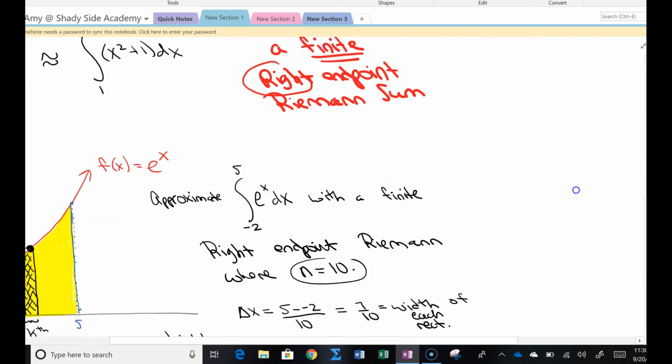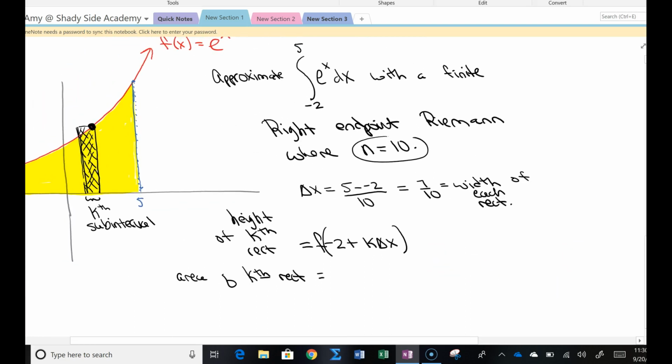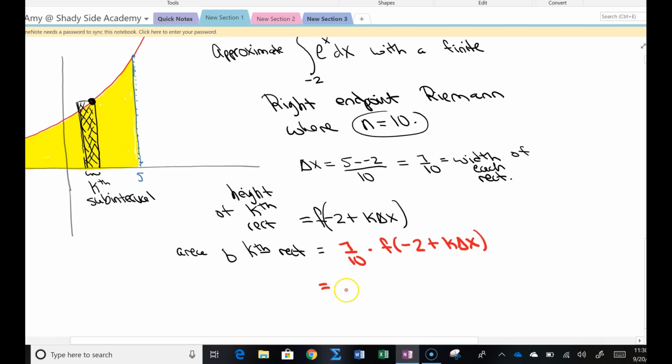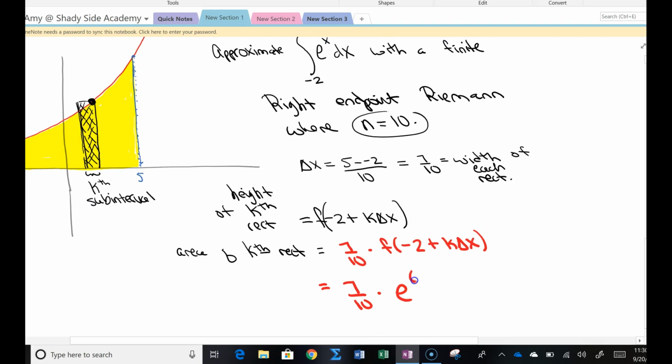Okay. So the area of the kth rectangle is delta x, so 7/10 times f of -2 plus k delta x. But I know that f of -2 plus k delta x is e to the -2 plus k delta x.